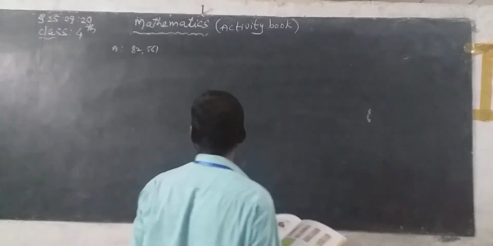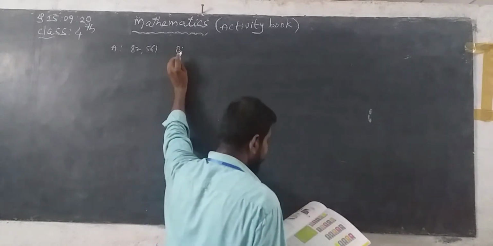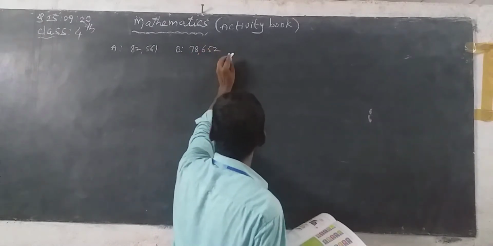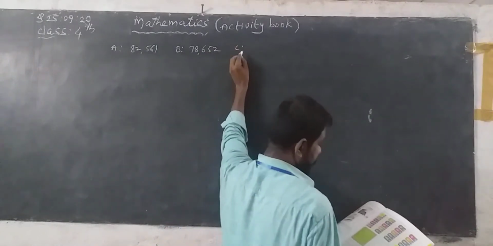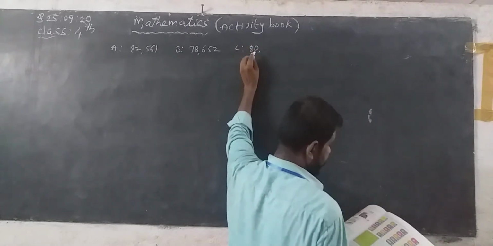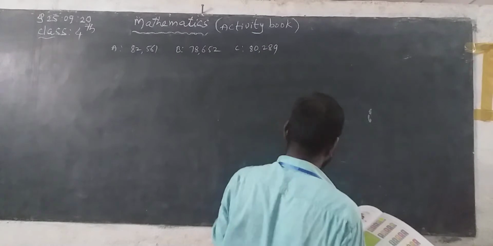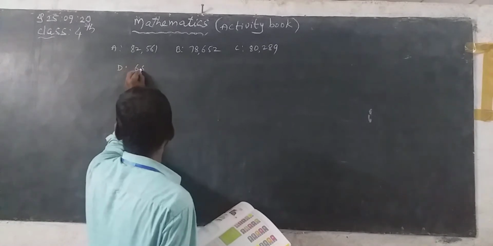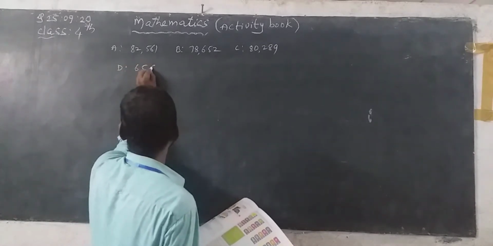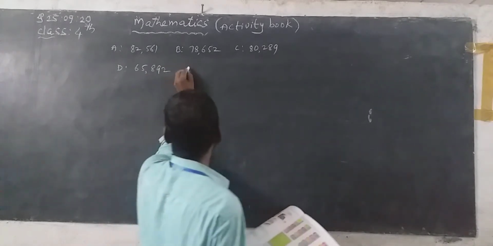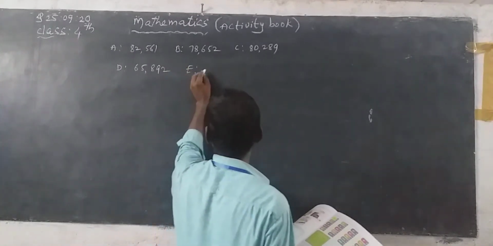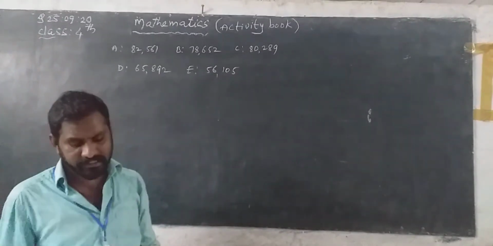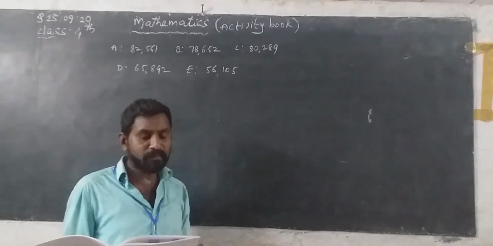Next, Factory B, 78,652 toys. Factory C, 80,289 toys. Factory D, 65,892. Factory E, 56,105.